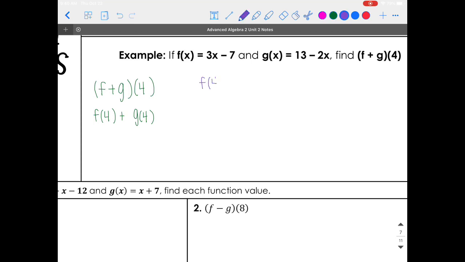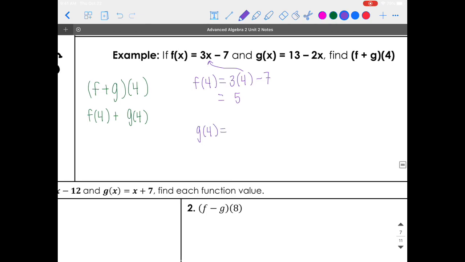So we're going to find f of 4 and g of 4 separately. So f of 4 would be 3 times 4 minus 7. All I did was I plugged in a 4 where I saw x. And 12 minus 7 is 5.